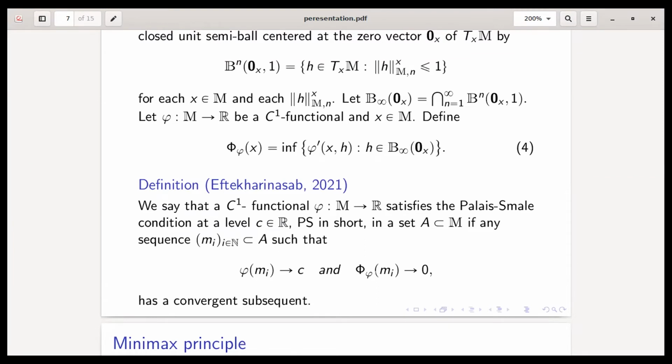One main feature of this auxiliary function is that on sets where the functional satisfies the Wallace-Smale condition and has no critical point, this auxiliary function is negative. And this is a key point to prove the minimax principle.